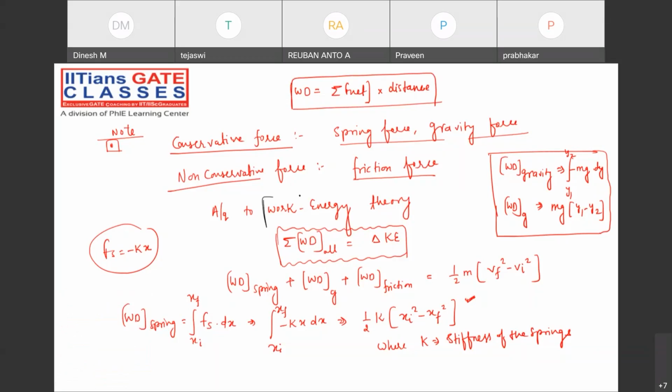Most of the problems you will be able to solve by this particular theorem. Newton's second law, work energy theorem, impulse momentum theorem. 3 theorems we have. In the end also, I will discuss the conclusion when to use these three theorems. Done, all of you? Can I move on to the question that we can discuss about this thing?